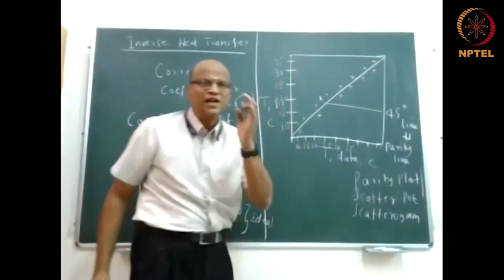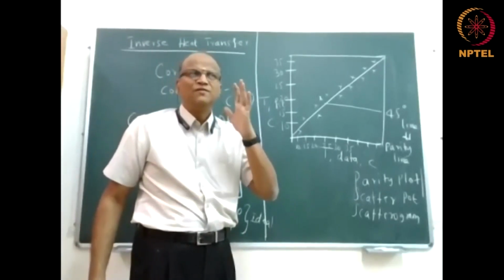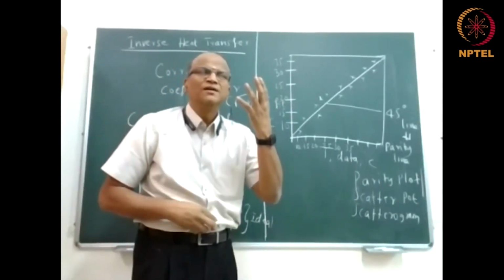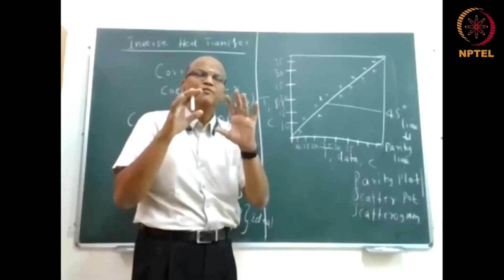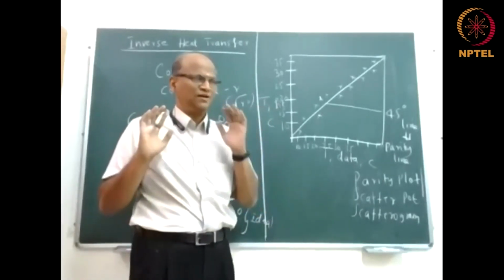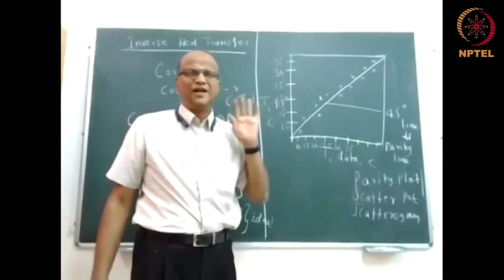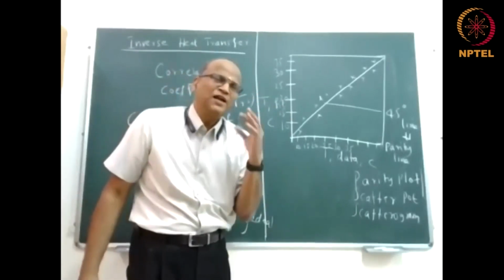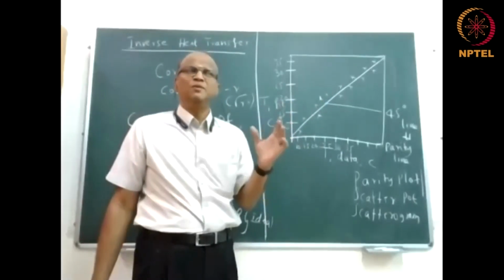The parity plot clearly tells you if the points are uniformly spread about the parity line. Since it is a best fit line, approximately half the number of points will be above the parity line, half the number of points will be below the parity line.